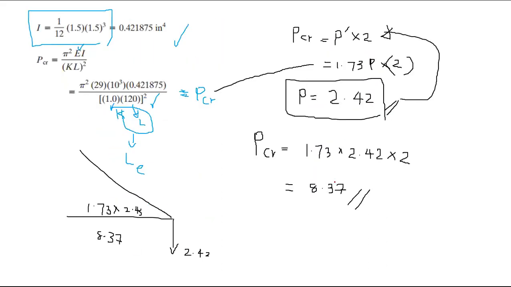One more thing: for this you have to divide the critical value by the area, take the sigma critical value, and make sure that it is less than the yielding value.